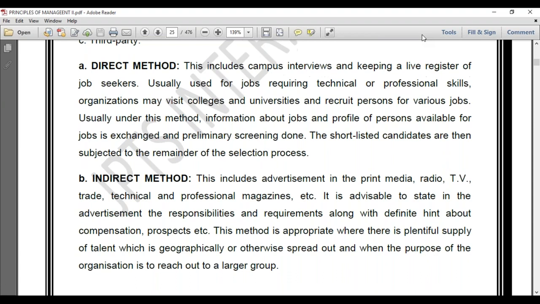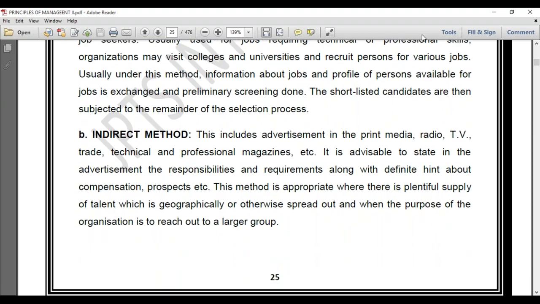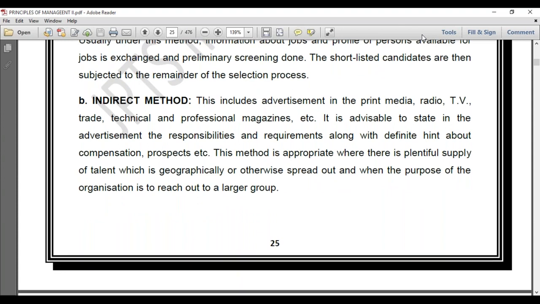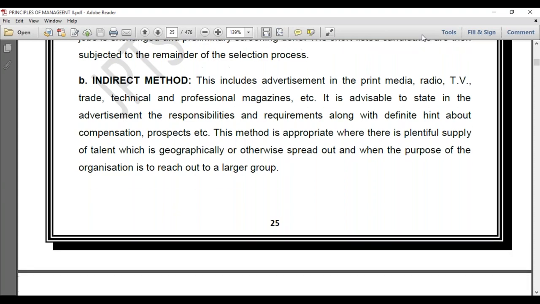We also have the indirect method. Under the indirect method, it involves advertisement in the print media, radio, television, and so on. Under that advertisement, you advertise the job functions, the responsibilities required, or what have you. So that is an indirect method of recruitment.